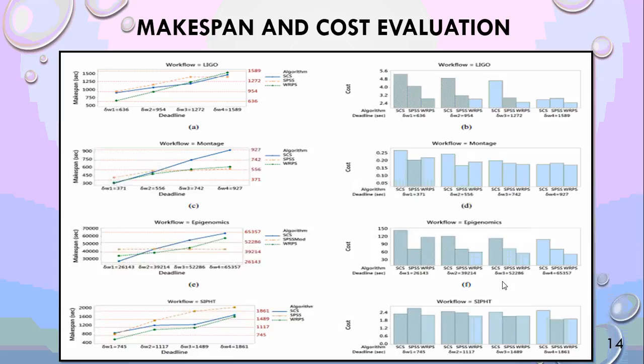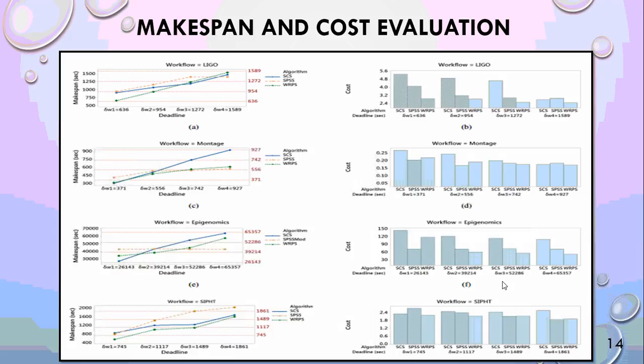For Montage, SES and WRPS meet all deadlines. However, WRPS constantly generates cheaper schedules. So WRPS is considered better than SES. For epigenomics, all the three algorithms fail to meet the first deadline, but in the second deadline, WRPS is again successful with very low execution cost.